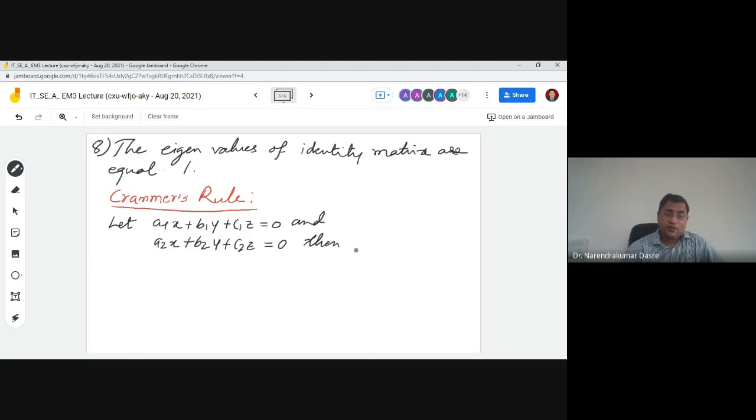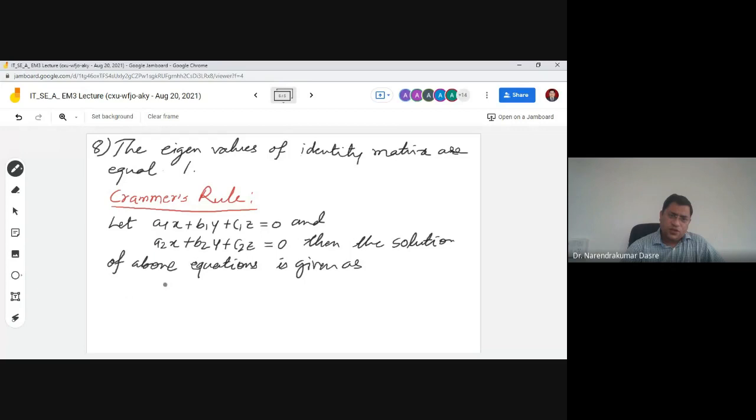Then the solution of the above equations is given as follows.